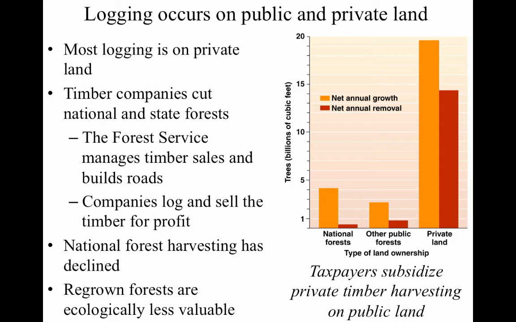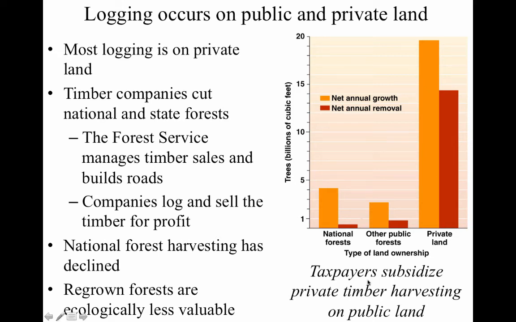So in general, the trend has been that logging on national forest land has decreased. And the last point on the left here is that regrown forests are ecologically less valuable. It takes actually very many decades, maybe into the hundreds of years before a regrown forest is what it was before the logging had occurred.